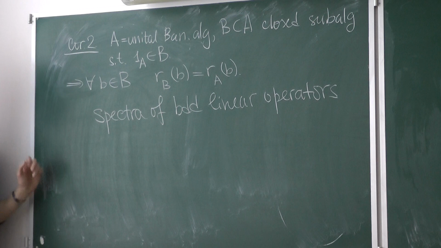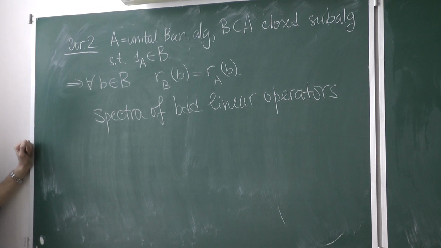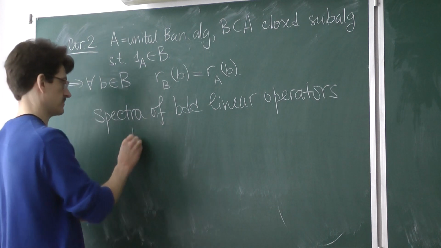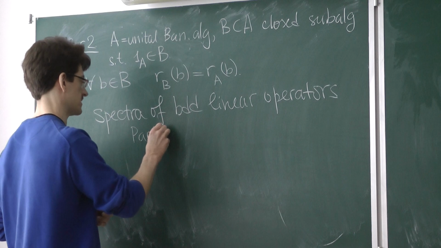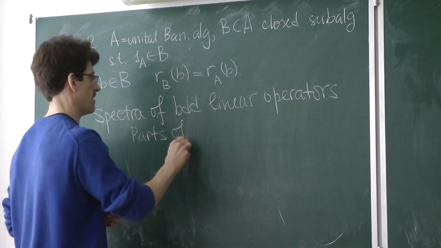And in particular, we will see that the spectrum of a bounded operator can be naturally divided into several disjoint parts. So we'll also discuss parts of the spectrum.